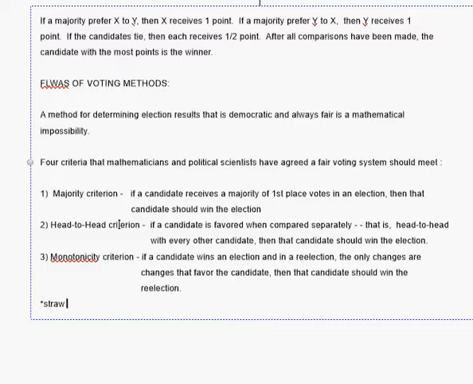Straw vote: a preliminary election in which votes do not count, taken as a measure of voters' intentions.